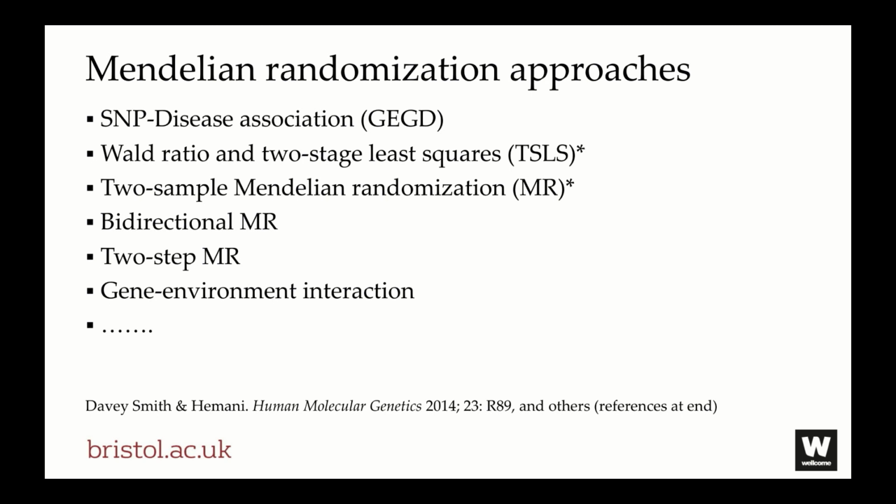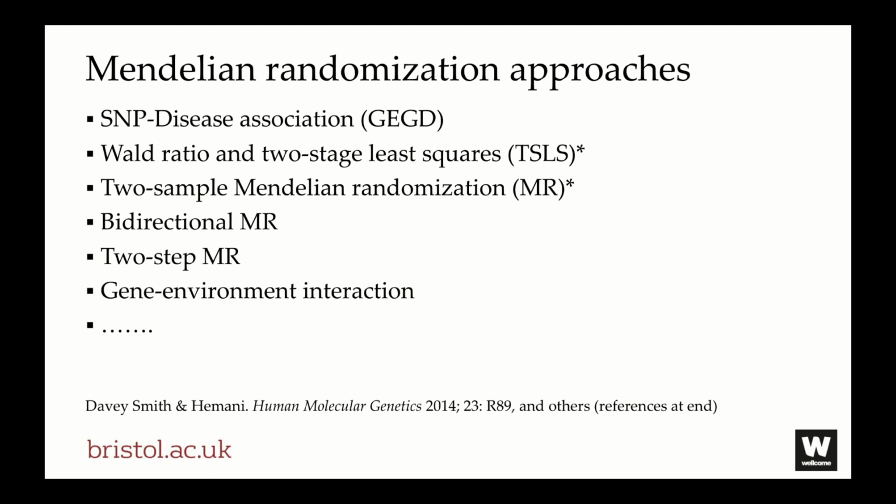The last three are essentially extensions and can be used with both individual level data or summary level data. Bidirectional MR is when you look at both directions, from your exposure to your outcome, and the reverse. Two-step MR is something that may be relevant here, and is used to understand mechanisms or mediators.